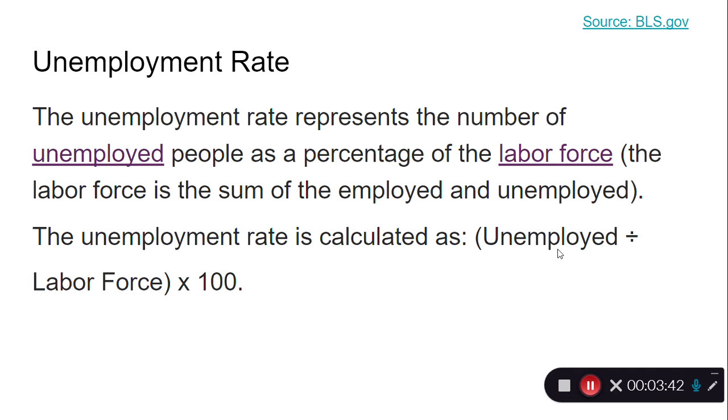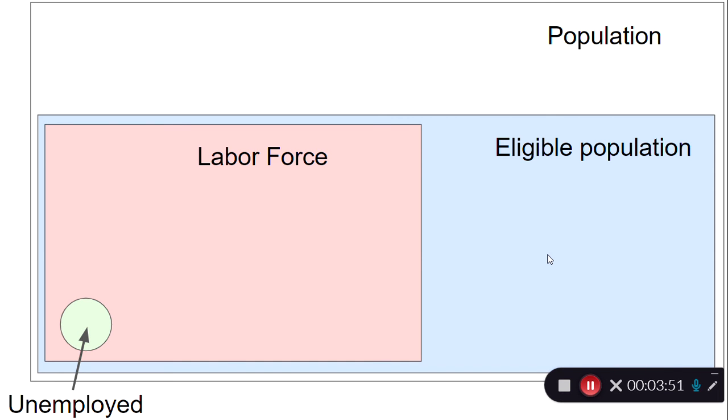So finally, the unemployment rate is the number of unemployed people as a percentage of the labor force. Here's just a graphic to summarize that. We have a population in the United States, and that includes everybody: infants, retirees, active service members, people who are institutionalized for mental illness because they've been convicted of a crime or what have you.